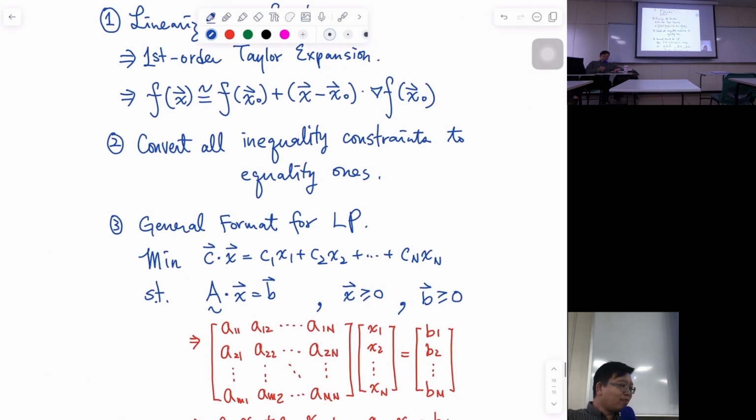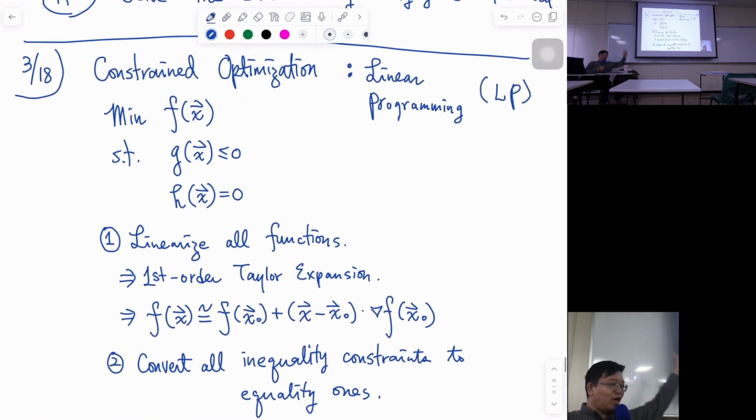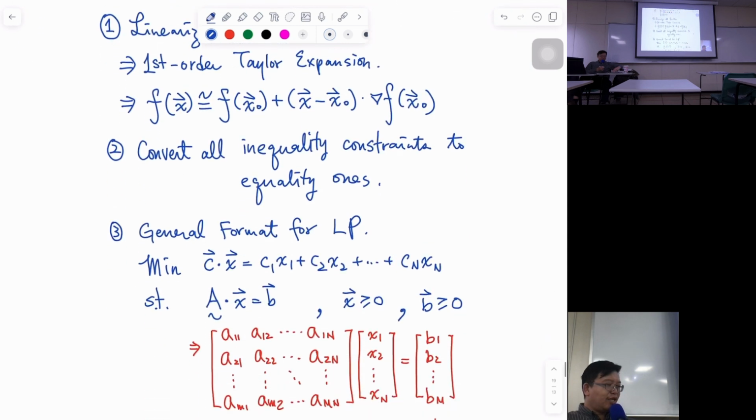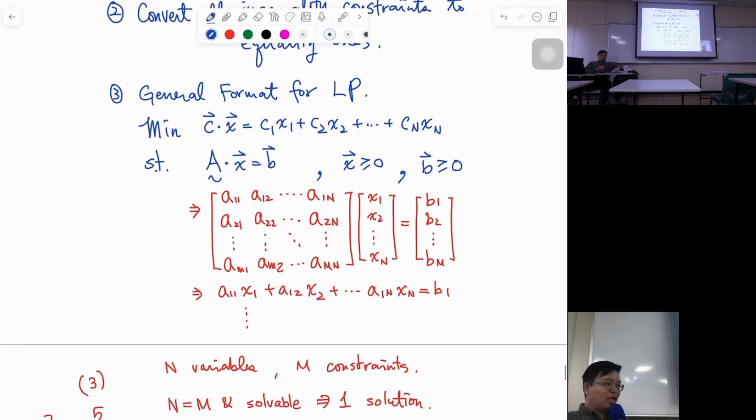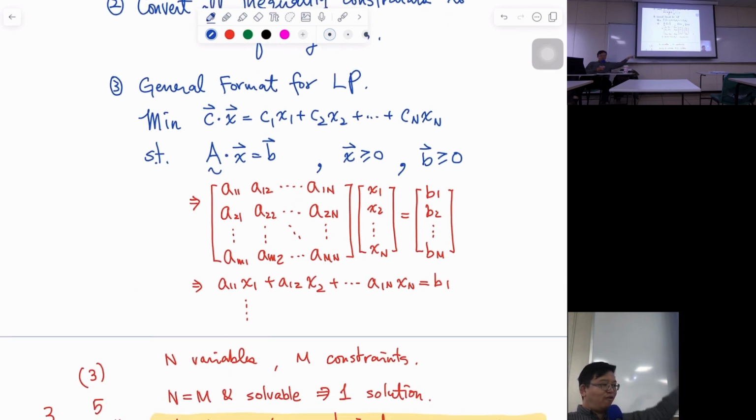So first, if you have a general optimization problem, you convert them into linear equations, and then you are going to convert the inequality ones into equality ones, and make sure you form a problem like this. How about a special situation right here?